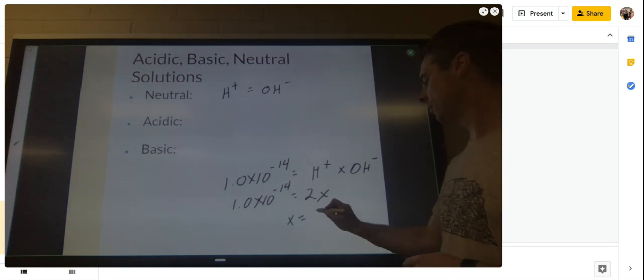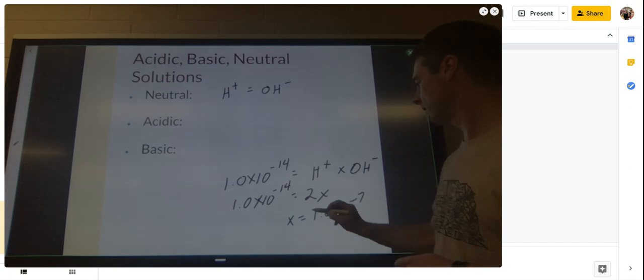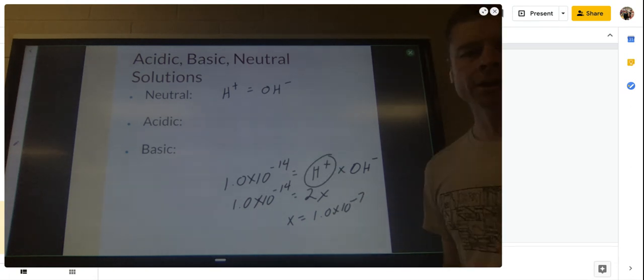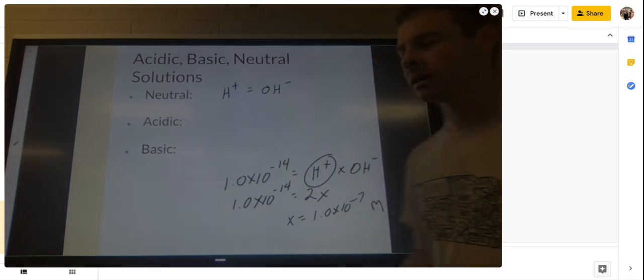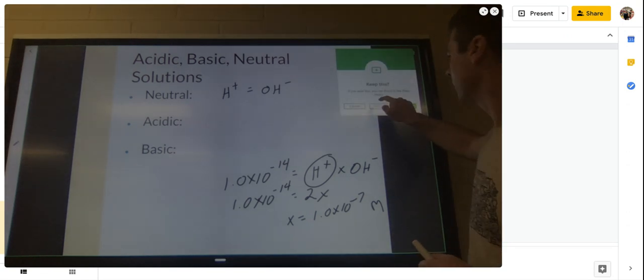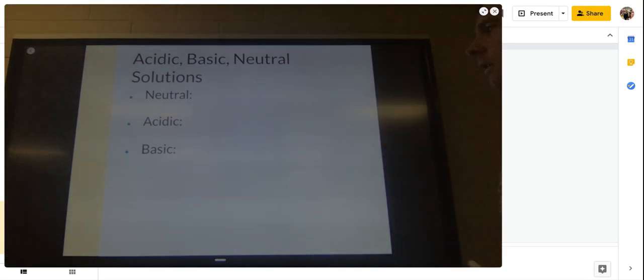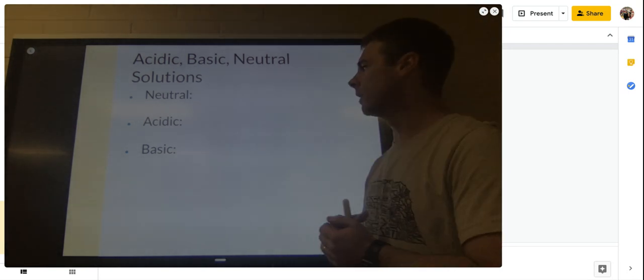That means that in pure water, the H pluses and the OHs are both equal to that number, okay, in terms of molarity. So that's why our esophagus doesn't fry when we take a drink of pure water, okay? Not that a lot of things are pure water that fry our esophagus, but whatever, right?